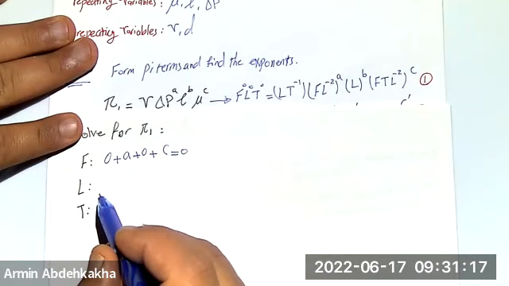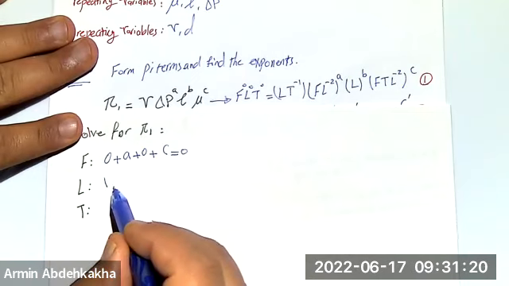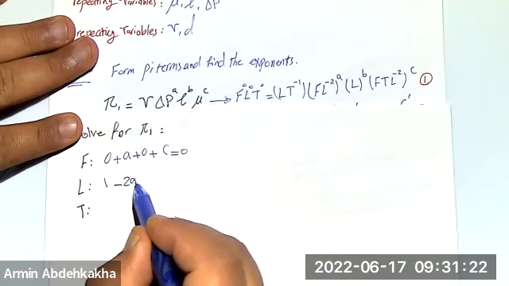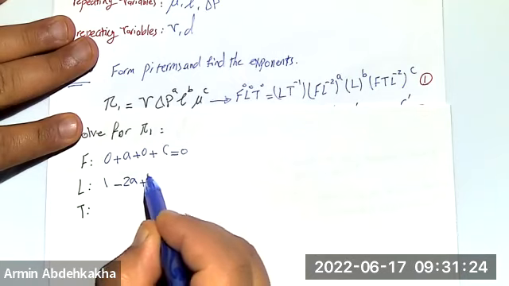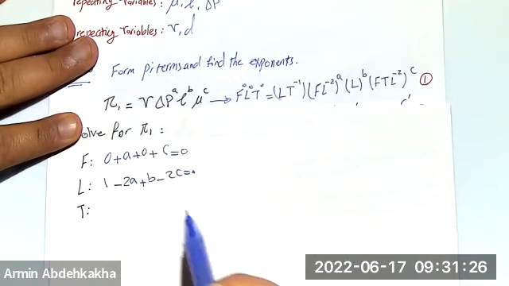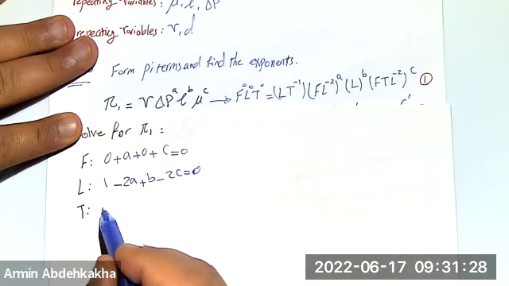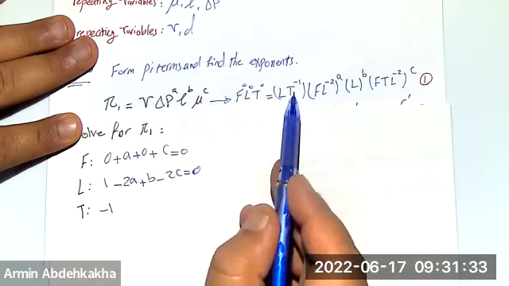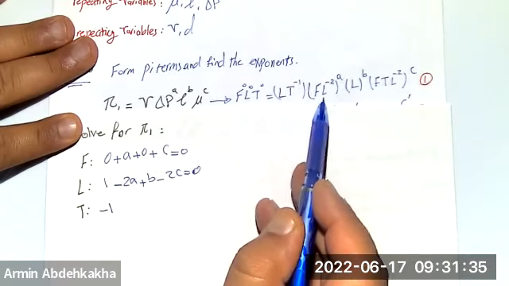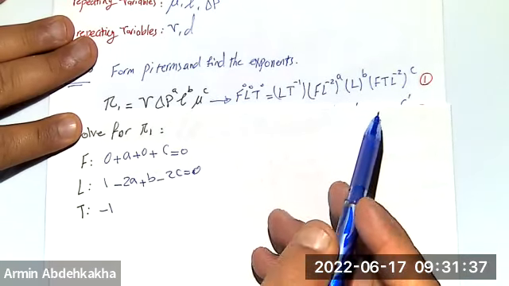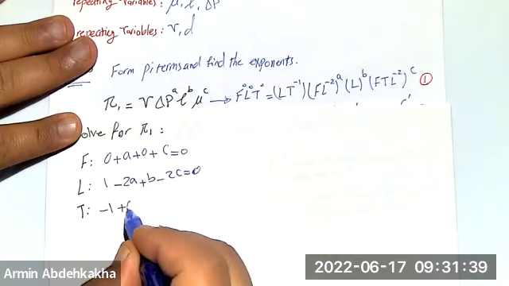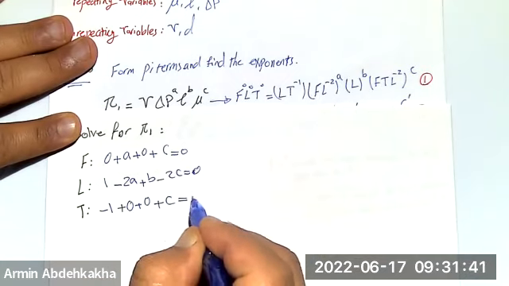For L, the first one is 1 minus 2A plus B minus 2C equal to 0. For T, it is minus 1, nothing, nothing, and the last one is minus 1 plus 0 plus 0 plus C equal to 0.